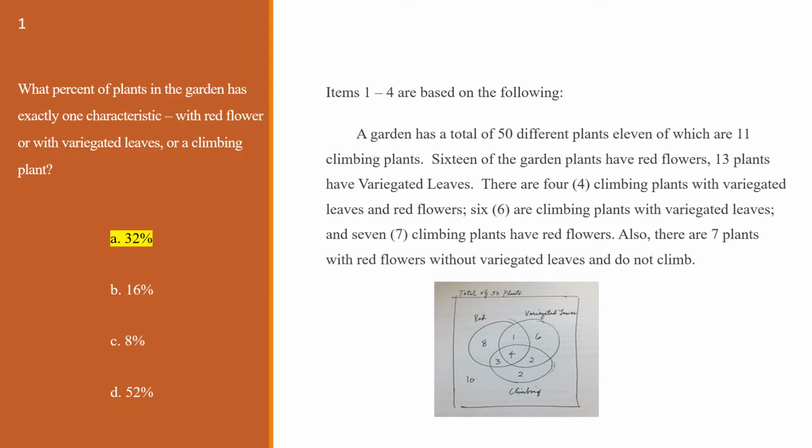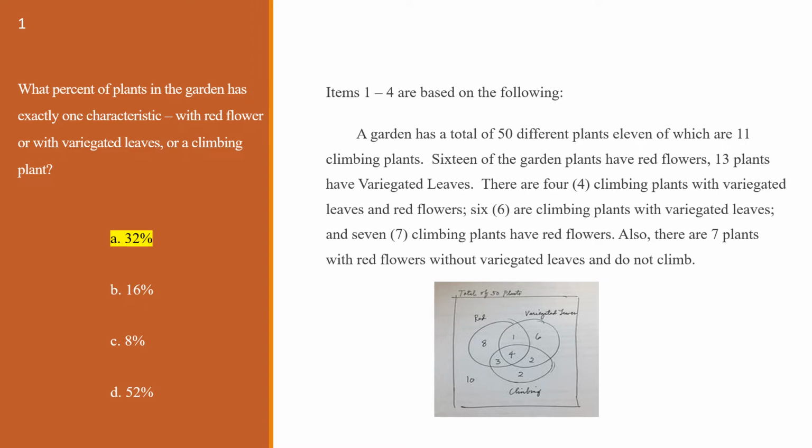So that adds up the 2 for the intersection of the variegated leaves and the climbing plants, and that there are 7 climbing plants with red flowers. So we add 3 on the intersection of the red circle and the climbing circle. And also we are told that there are 8 plants with red flowers without variegated leaves and do not climb.